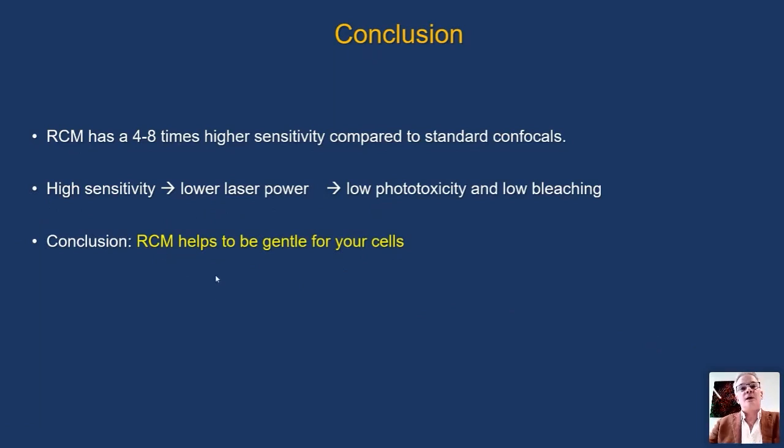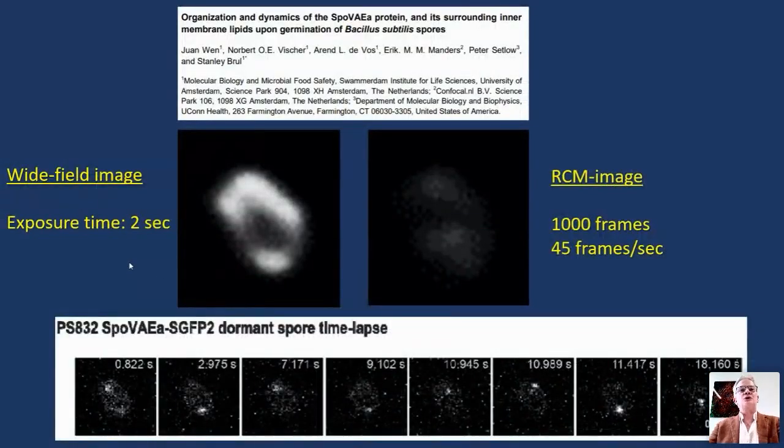Now, if I have some more minutes, is that okay? I want to show a recent paper that came out at the University of Amsterdam, the microbiology group of Stanley Brul, and they looked at the germinosome, which is a little group of proteins and molecules that are kind of the nose of the bacterial spore.